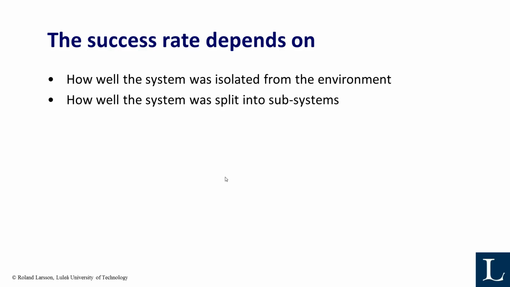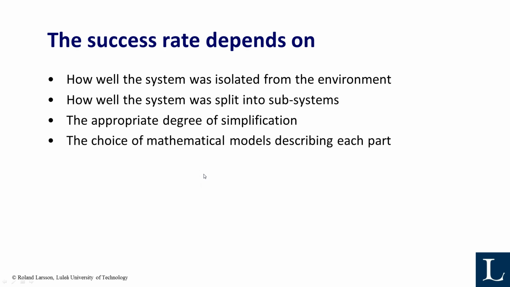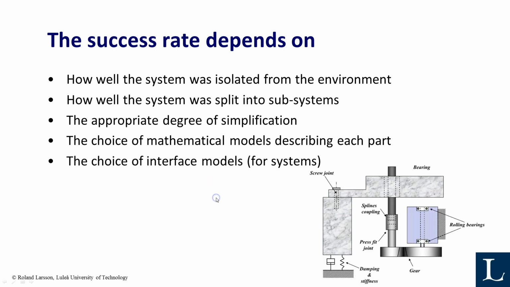But if this subsystem is connected to other subsystems in a way that you don't take into account, you may run into problems. We also need to have not too simple models, but not too complex models either. And of course we should choose the correct equations, and we should choose the correct interface equations.